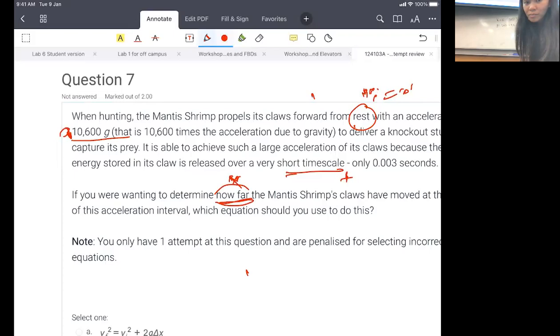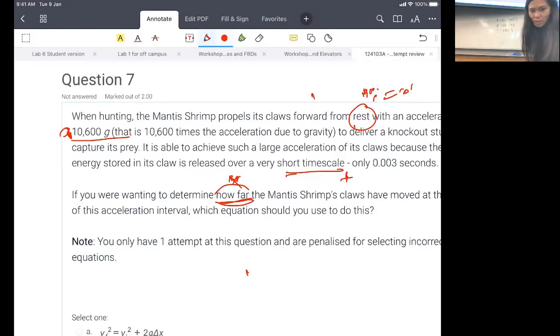And then the last sentence says the energy is released over a very short time scale, and it gives you some time there. So the problem gives you some information about the time, 0.003 seconds. And if you read on, there's nothing else.